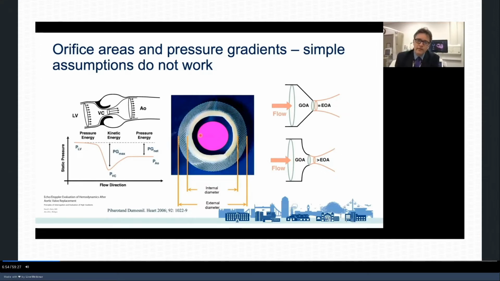And it is, of course, the effective orifice area which is critical to outcome. So, if you look at this, where you have a fairly abrupt change in dimension and high flow, you almost get this focusing effect. So the effective orifice area downstream of the geometric orifice area is smaller, and therefore the net effect is more obstructive.